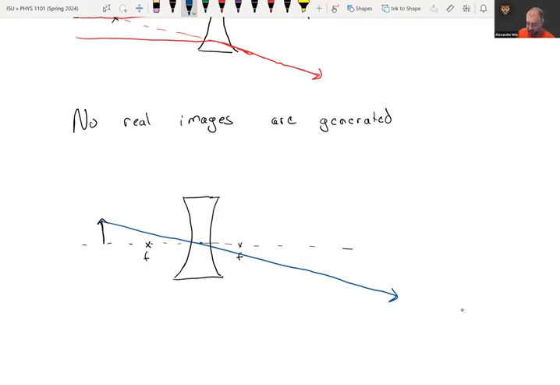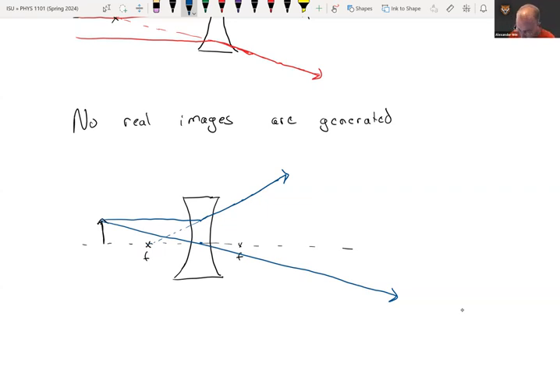When we have the parallel ray, we already know from above what this one is going to do. This is going to backtrace through the focus, and then that dotted line tells us the direction of that ray. So we can already see that these two rays are definitely not going to meet.